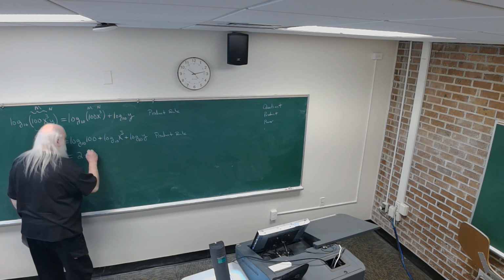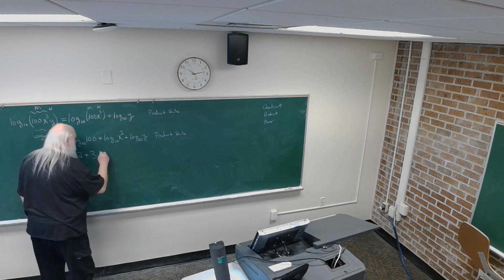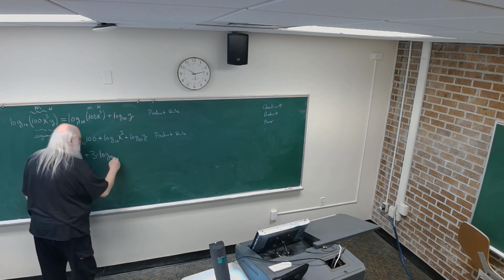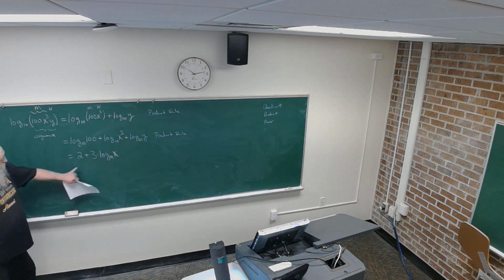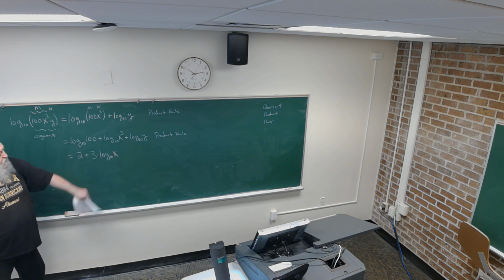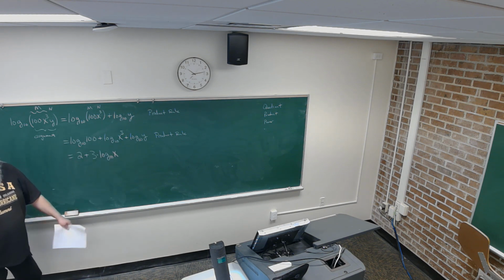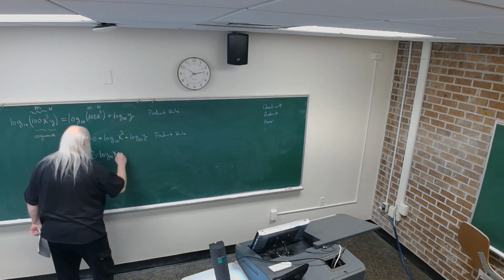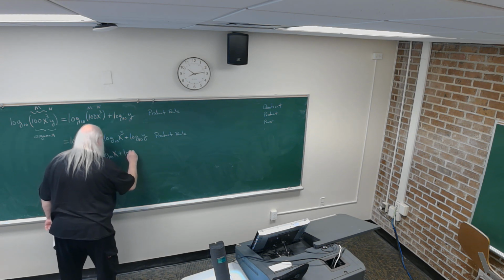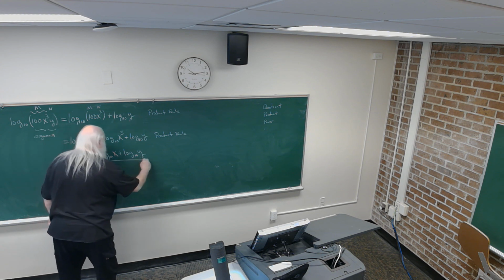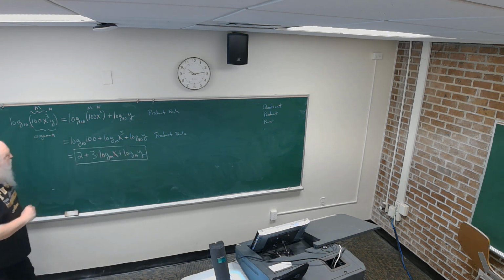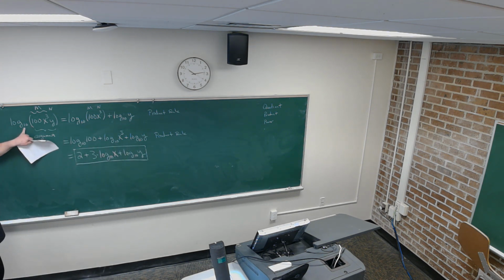And I have 3 times the log base 10 of x by the power rule. Log base 10 of y, can't do anything more with that. And so we have expanded this logarithmic expression as much as possible.